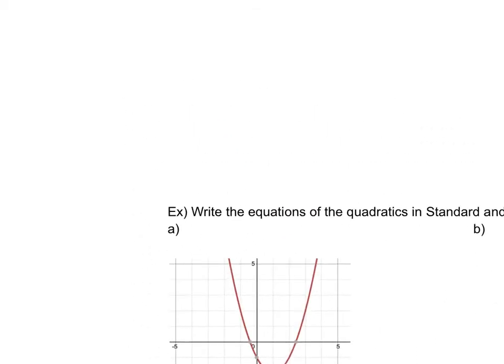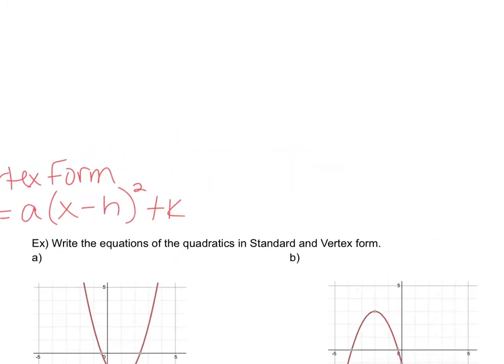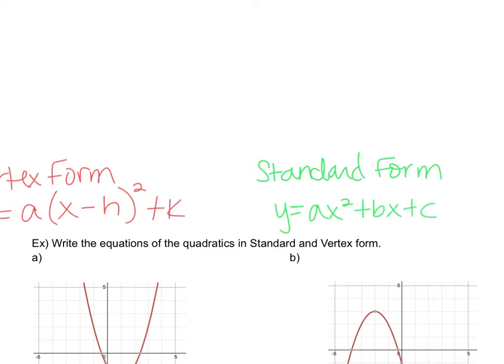So let's just recap on what is vertex form. Vertex form is y equals a parentheses x minus h parentheses squared plus k. All right, and then standard form would be your kind of normal y equals ax squared plus bx plus c.